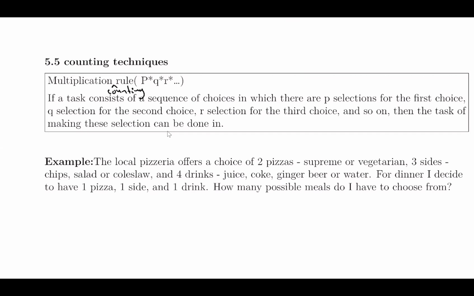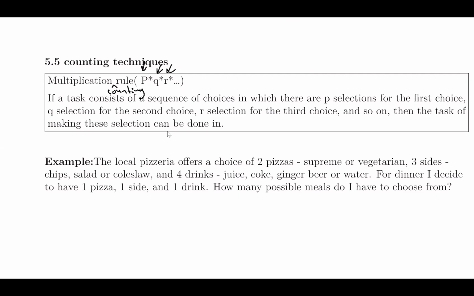For this one, all you have to do is look at all of the events occurring and how many different ways those events can occur. Depending on how many different ways those events can occur, that's what your P, your Q, and your R are gonna be.